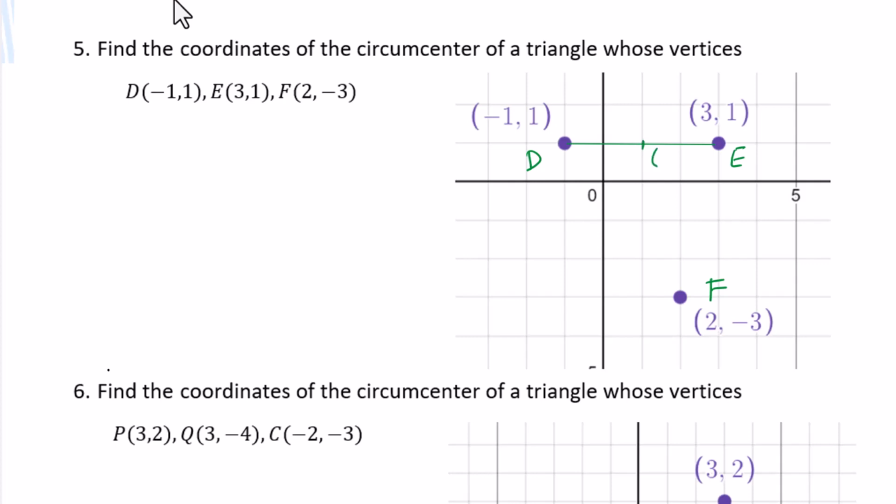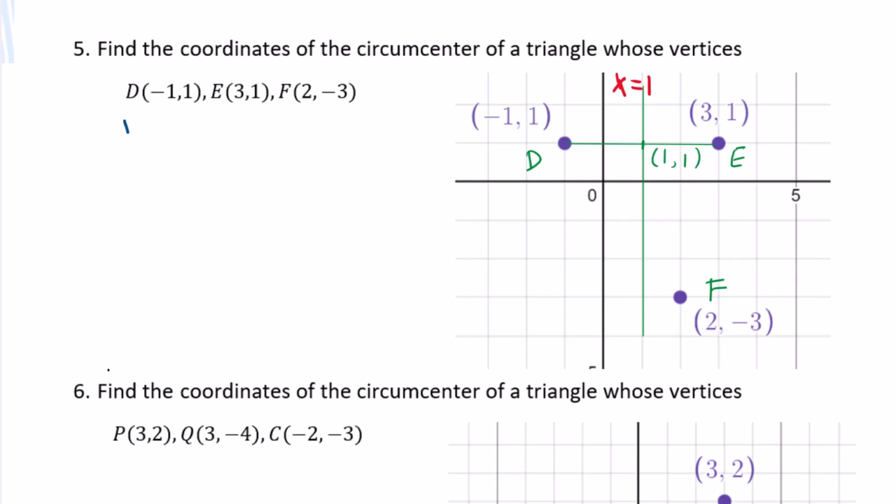Midpoint is 1, 1. Then x equals 1 is the perpendicular bisector of DE. For the other perpendicular bisector, you can use the segment DF or EF.